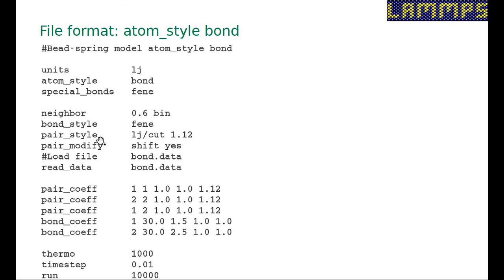The pair style for the non-bonded interaction, the Lennard-Jones cut potential, followed by certain instructions indicating the kind of potential. This is the WCA potential instead, and the command read data. So in this case, we are loading the bond data file where the structure of the polymer is included.